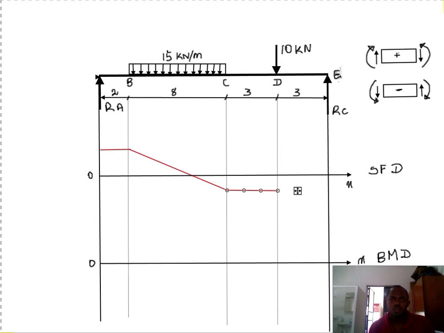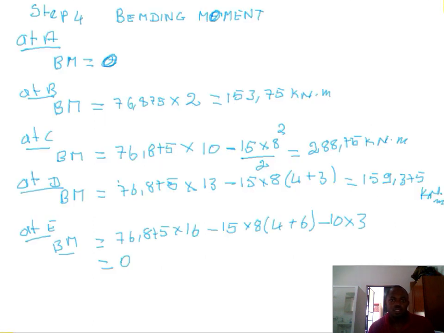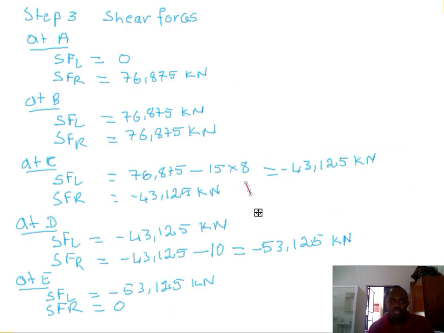Now at D right is 53. Shear force at D right is minus 53,125.